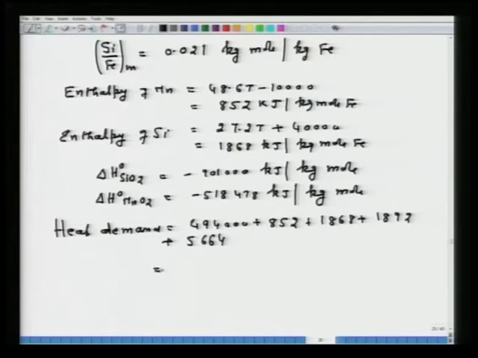So, this will be total 521,305 kilojoule per kg mole of iron. That is what I mean, the addition of the terms to come closer to the actual case.